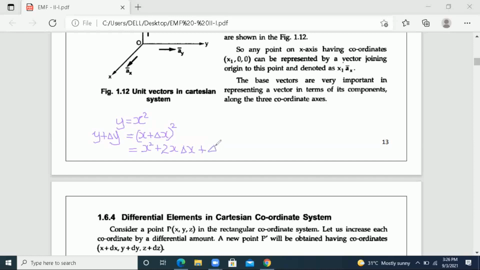Everybody agree? Yes, sir. It might be delta squared x squared though.